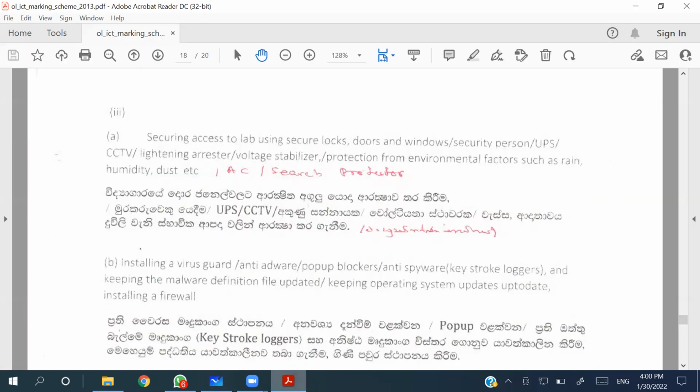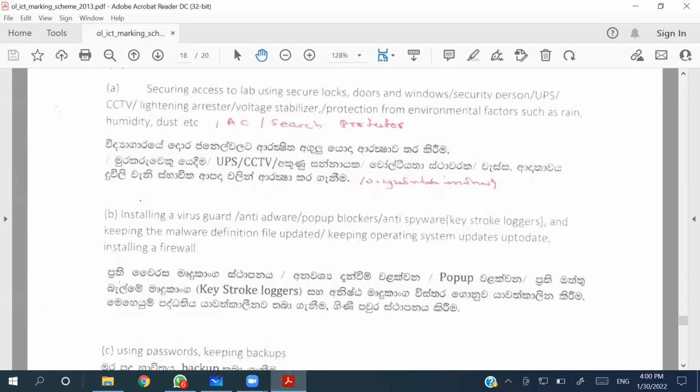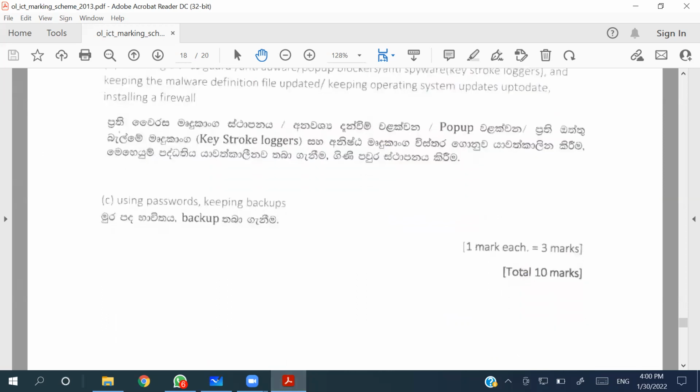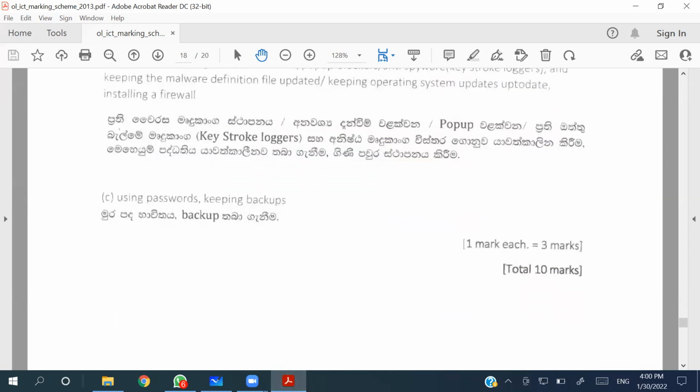Improving logical security. So logical security can be given by giving usernames and passwords, right? And keeping backups can be taken as logical security. So you have to give only 1 point from each category, which gives you 3 marks for the 3 points that you are introducing. So altogether, it gives you 10 marks.